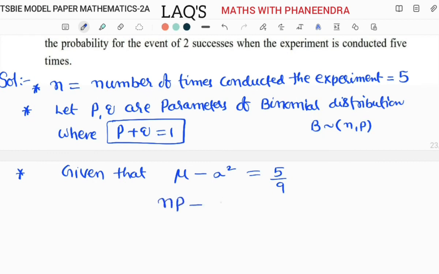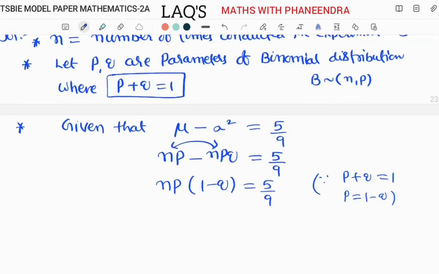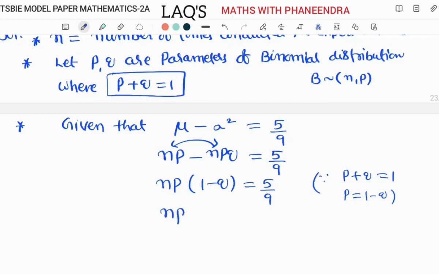Sigma square, the variance, is npq, so np minus npq is equal to 5 by 9. Taking np common, np(1 minus q) is equal to 5 by 9. Since p plus q is equal to 1, p is equal to 1 minus q, so in place of 1 minus q we write p, so np into p is equal to 5 by 9.